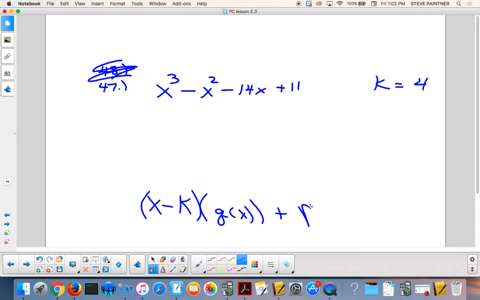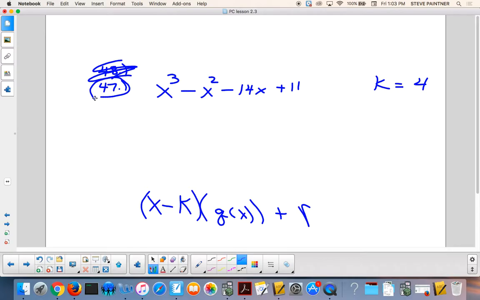Guys, 47 and 48 were the ones that I said get weird on you. It says write your answer like this. So you have to understand Q means the answer to division.